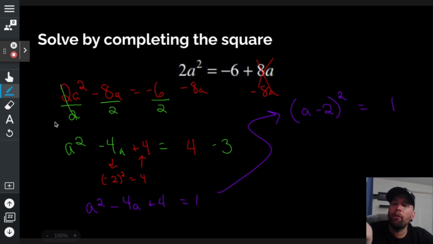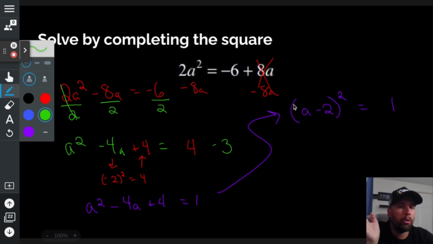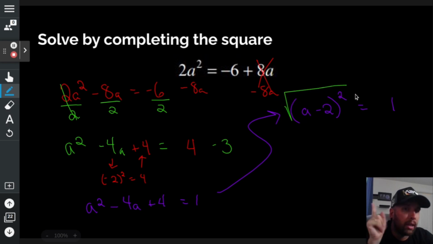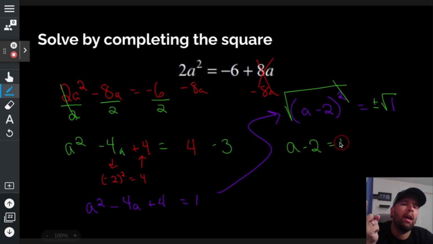How do you solve for a square? Square root both sides. Do not forget that when you square root both sides, the side that is the number is going to be positive or negative. That crosses out, and we have a minus 2 equals positive or negative square root of 1, which is 1.